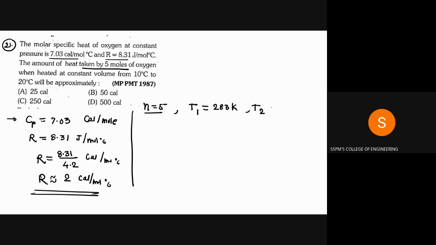And T2, it is 20, so 20 plus 273, so it is 293. This is the absolute temperature. Okay. Now we have the equation Cp minus Cv is equal to R. So Cp is given 7.03 minus Cv is equal to R. So R is 2. So Cv is equal to 5.03. So this is calorie per mole degree Celsius.